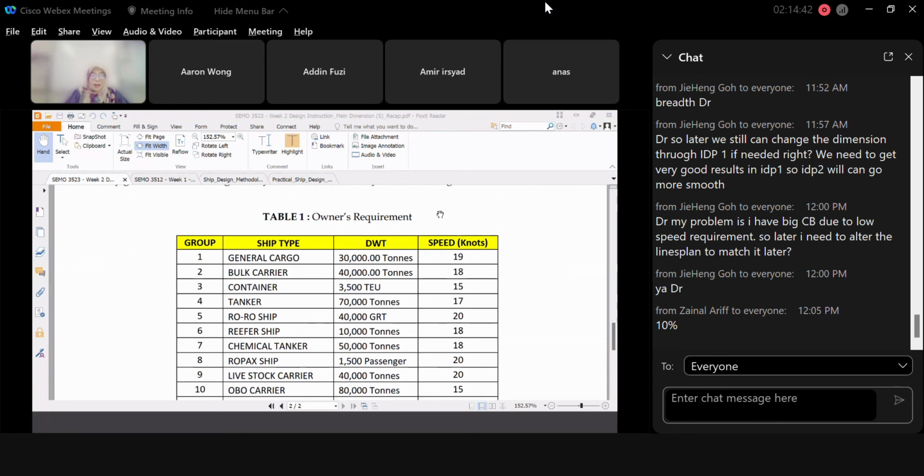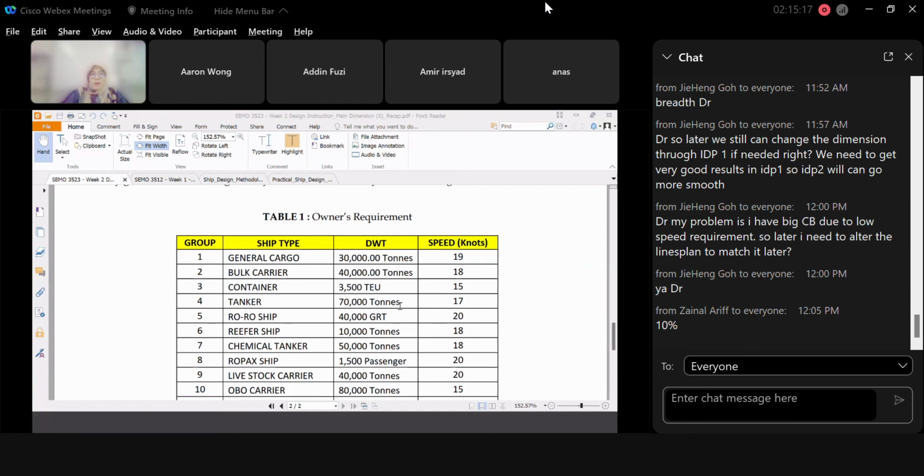So 10% higher means 33,000 tons, and 10% lower means 27,000 tons. And the same goes for the others. For containers, 3,500 TEUs, the second member will do 3,000 and another member, am I correct? Yes, 3,000 and 4,000 TEU. Is that 10%? Almost. Then the same for the rest.